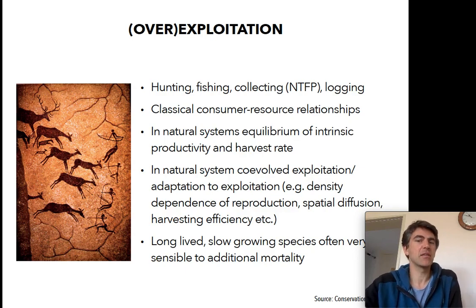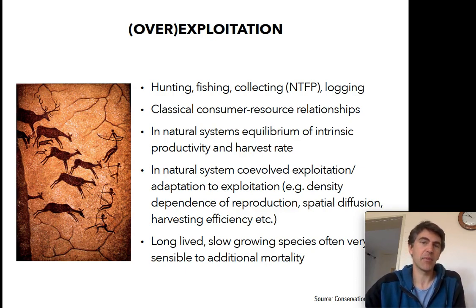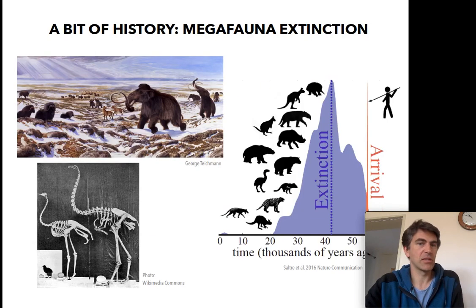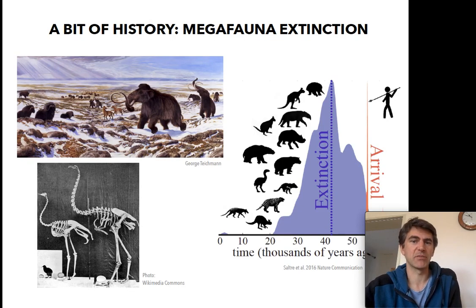It's especially these long-lived, slow-growing species that are going to have a difficult time keeping up with any kind of not naturally evolved predation, basically, which is what exploitation is. Megafauna extinction is known to occur, for example, due to climate change.